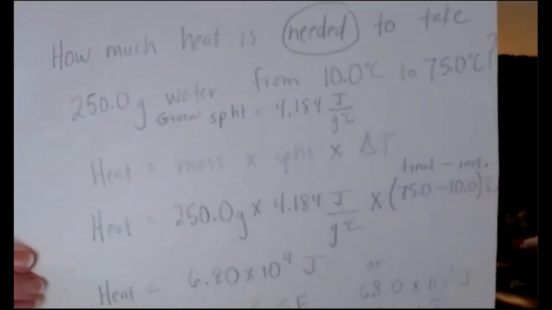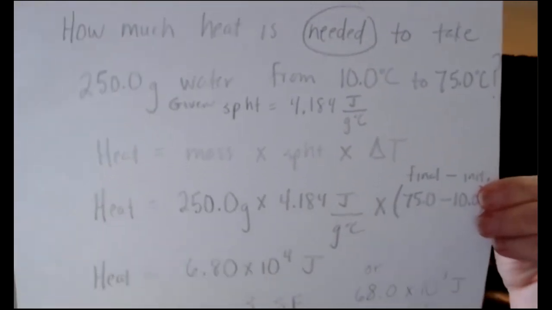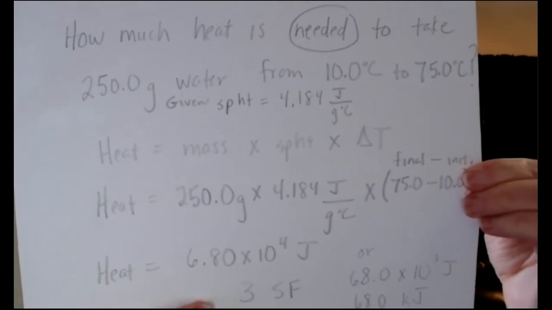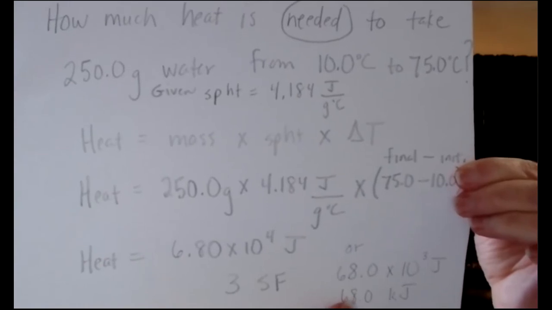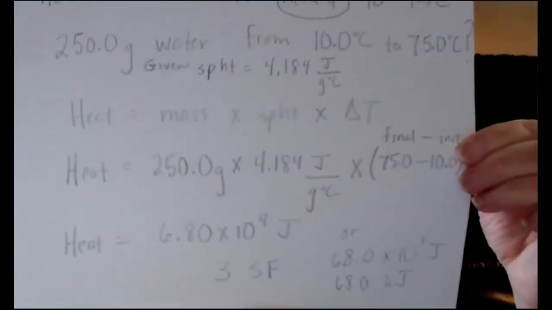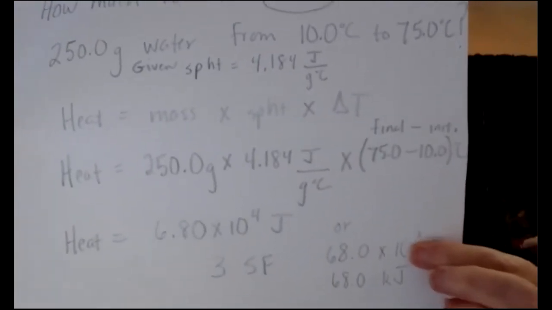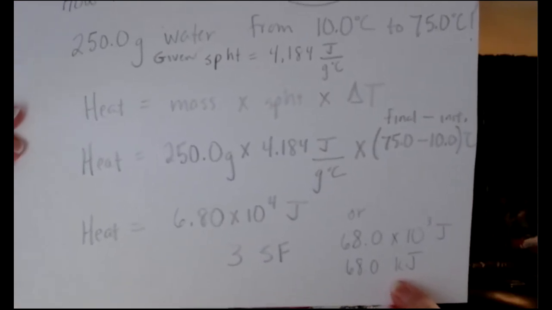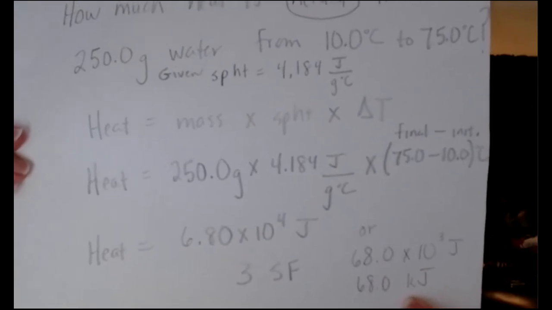Now, here's something I want to point out. You solve for joules, and I got 6.80 times 10 to the fourth joules. I could rewrite that as 68.0 times 10 to the 3 joules, so that I can express it in kilojoules, because 10 to the 3 means 1,000. Now, this is why I'm pointing this out.